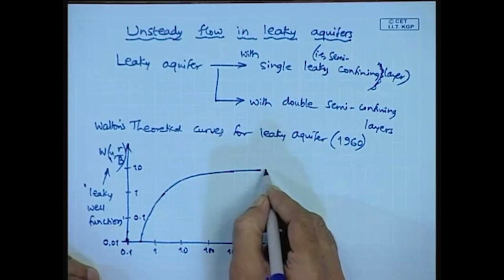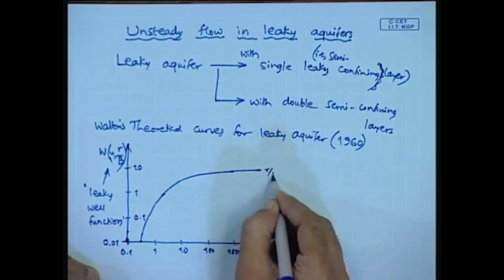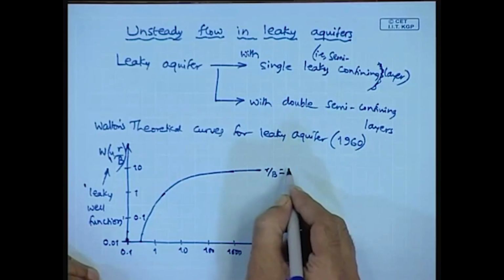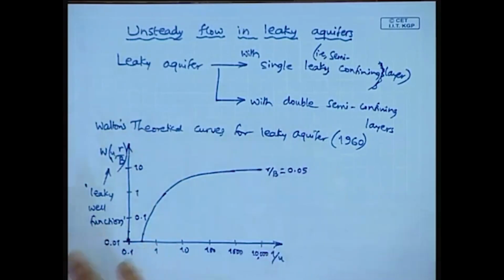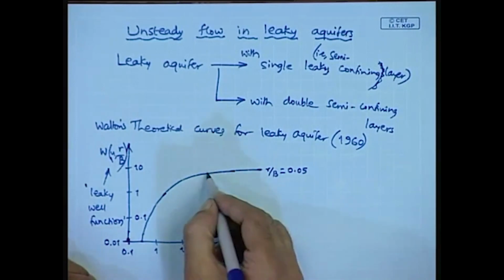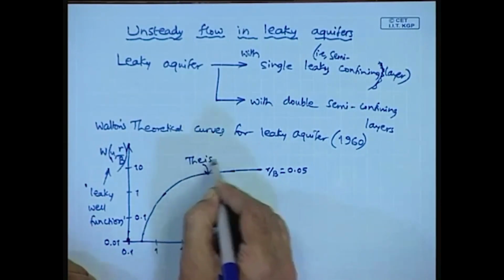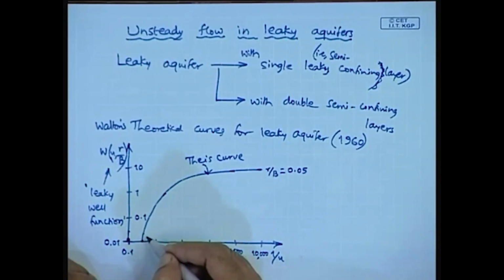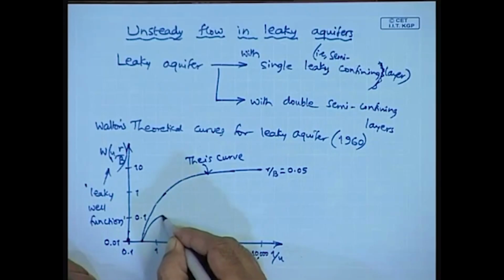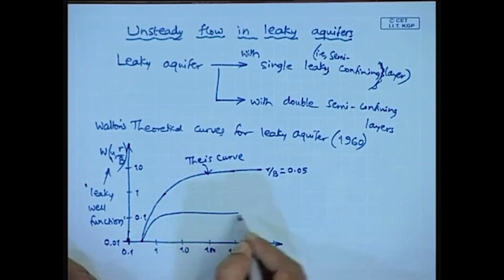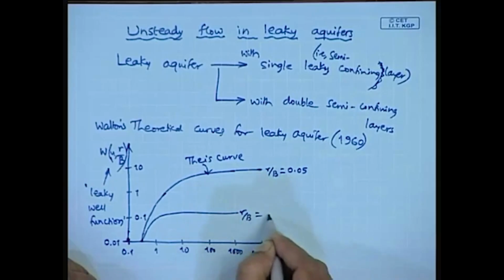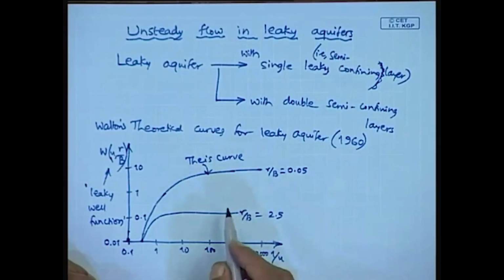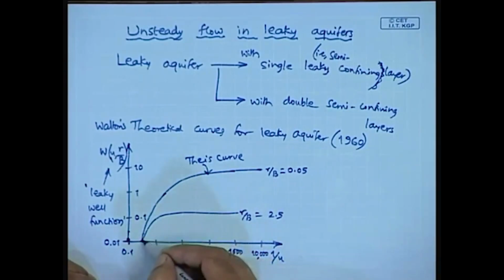Here, r by b is equal to 0.05, and this is the Theis curve. From the same point, this is r by b equal to 2.5, and in between there are different curves.